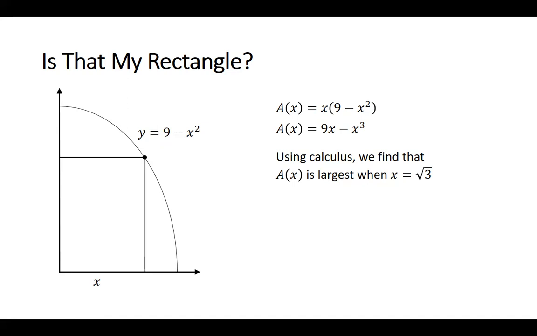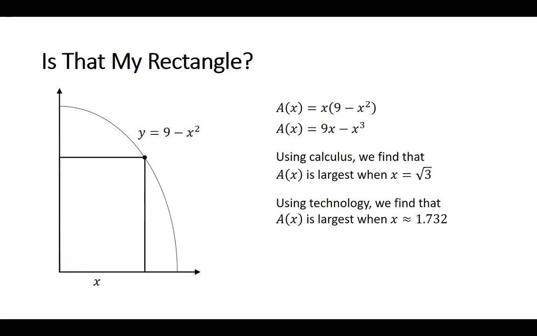I use Desmos, and using Desmos, I found that A of x is largest when x is approximately equal to 1.732, which is approximately the square root of 3. So using technology, we can do this. Otherwise, we really don't have a way. You could do trial and error, but you'd be at that forever. So either calculus or technology, that's how we can do this.